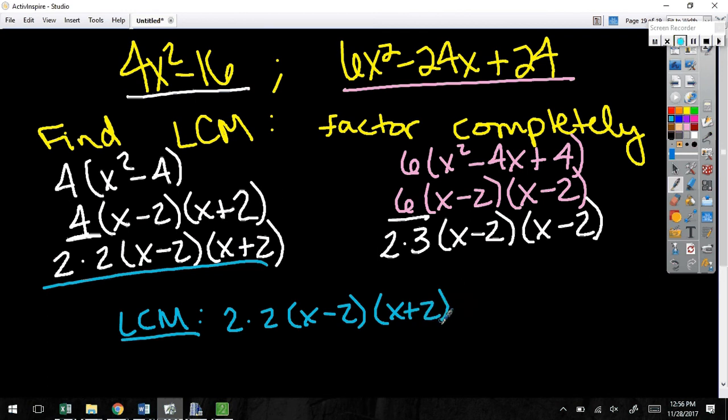Looking at the next one, what they have in common is x minus 2. I've already got a 2 in here, so I don't need that. Do I have a 3? No. I need that. Do I have an x minus 2? Do I have a second x minus 2? No.